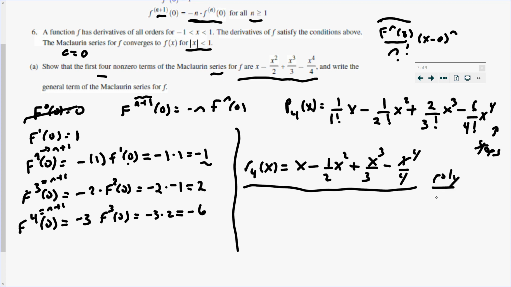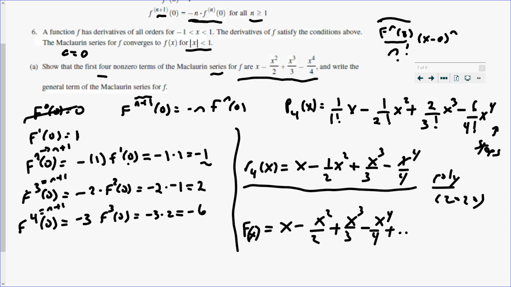And this is for the 2020 AP exam. If in future exams they will want the Taylor series, you would say f of x equals x minus x squared over 2 plus x cubed over 3 minus x to the 4th over 4 plus dot, dot, dot.